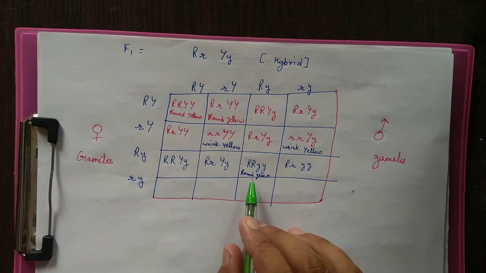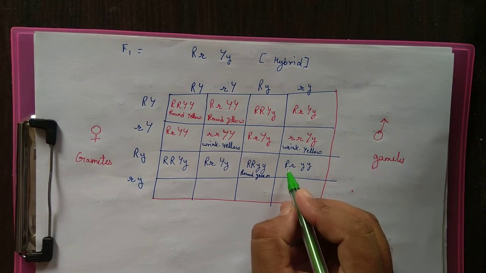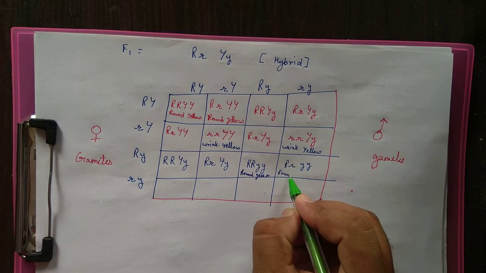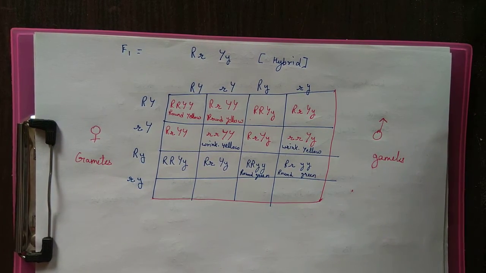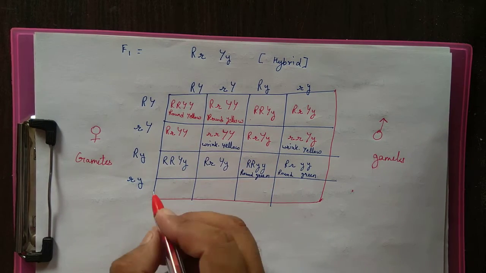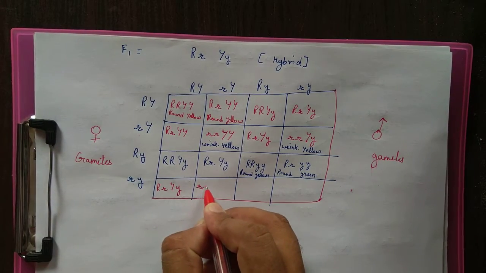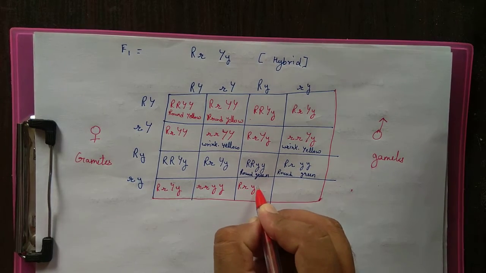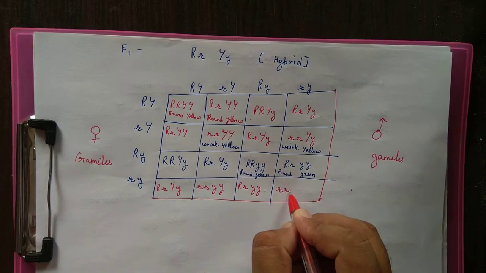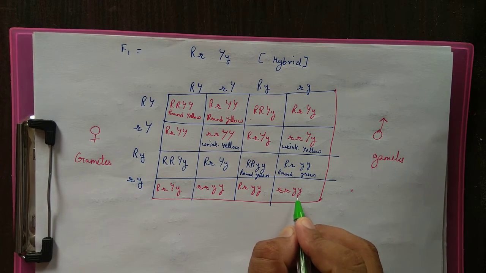One set of gene is dominant, and in the next case R is capital, so round and green. In the last case, going to cross, this is also the pure recessive.